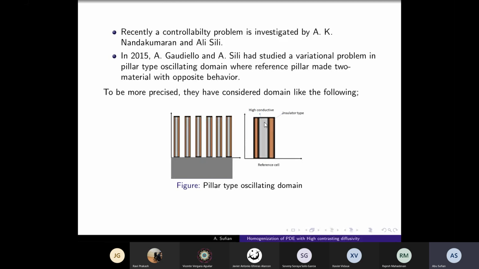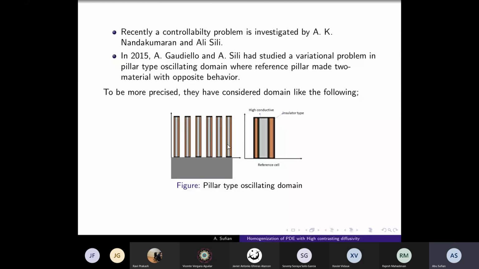The reference pillar has a core part which is highly conductive, covered by an insulating type material. For each epsilon, they scale down in the horizontal direction and put it periodically over the bottom part. On this domain, they considered a second order variational problem and studied its homogenization.